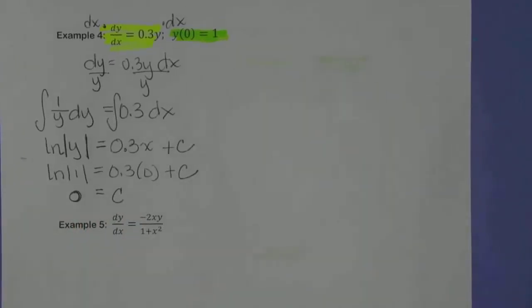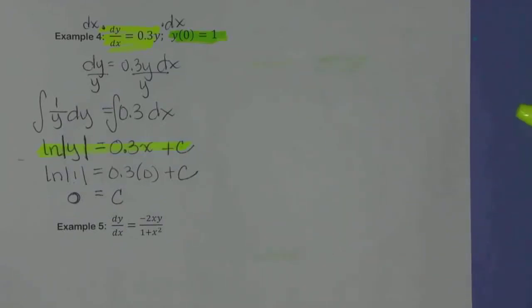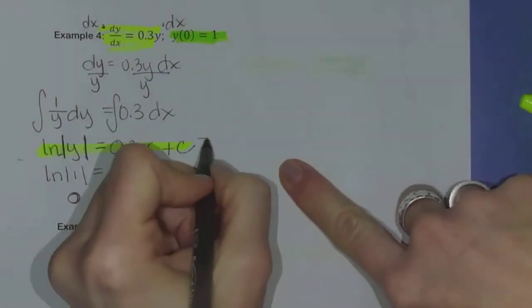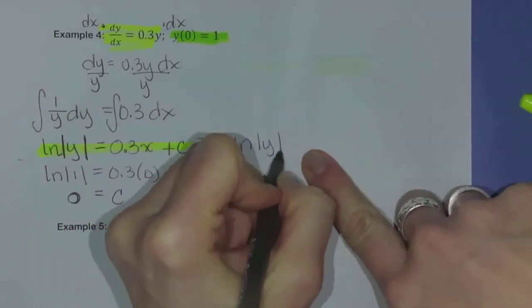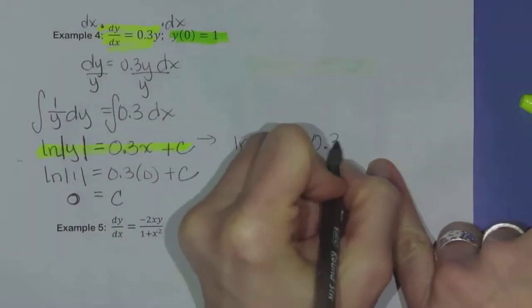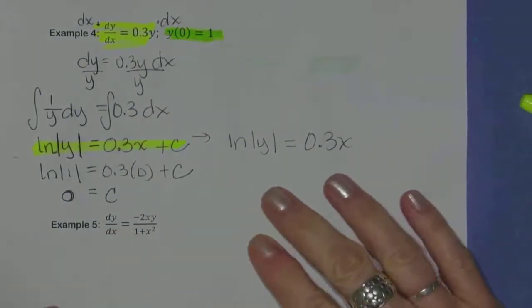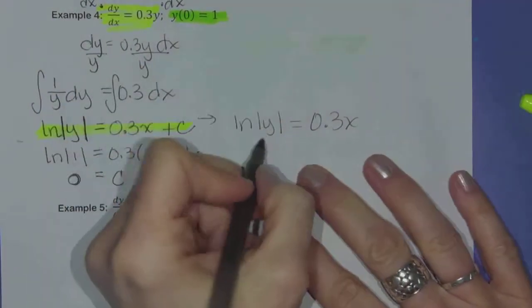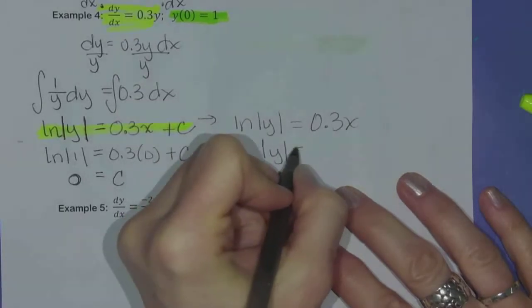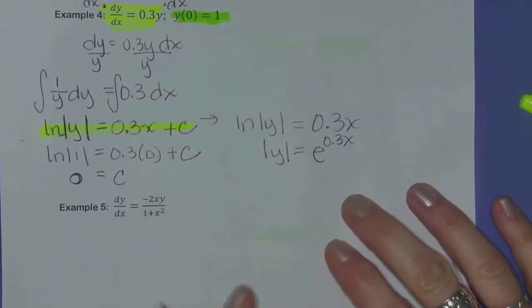So going back to this form, we now have the natural log of the absolute value of y equals 0.3x plus 0, which I'm not even going to write. And so to solve for y, I would have the absolute value of y equals e raised to the 0.3x.